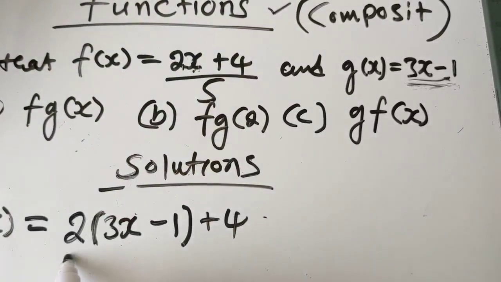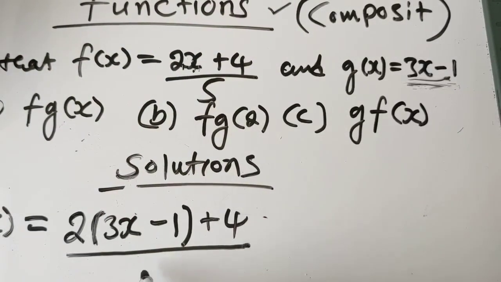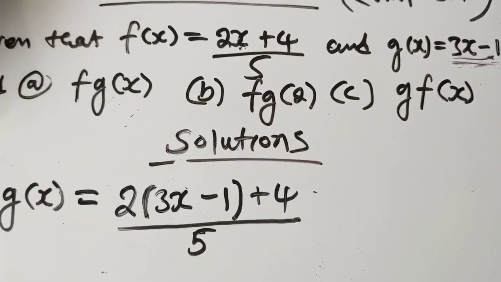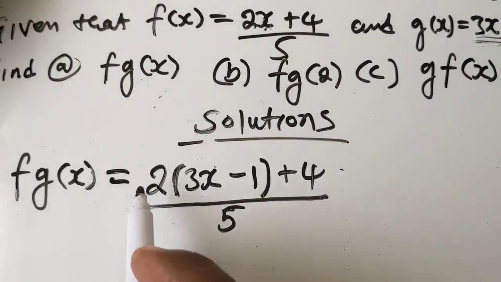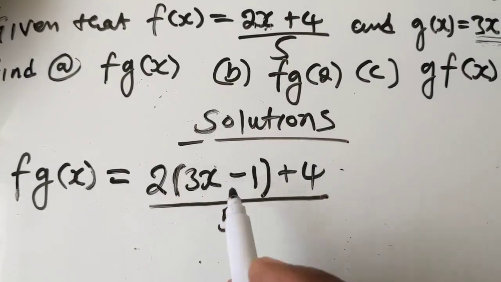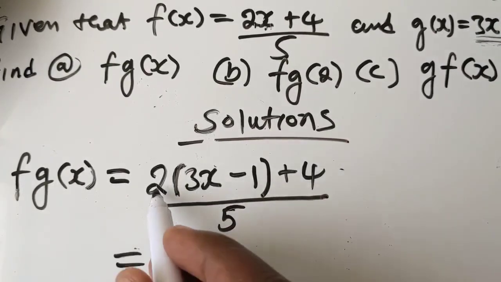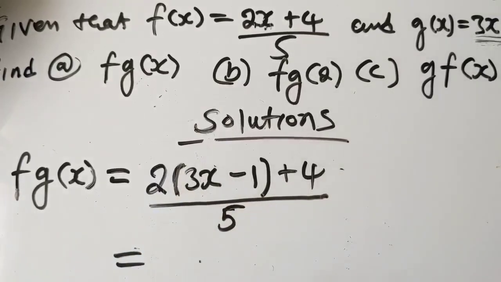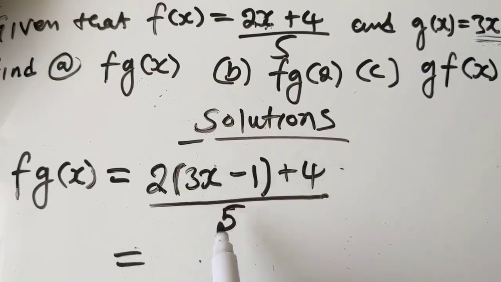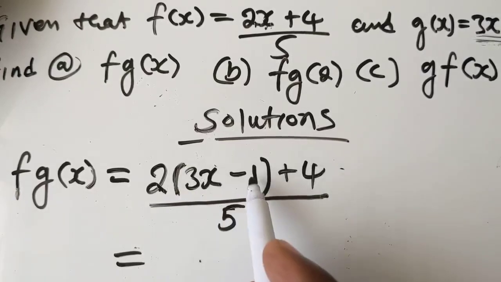Then this whole thing is divided by 5. This is what fg of x means. Then from here, you can solve it. When a number is outside the bracket and attached to the bracket, it means that it is supposed to be multiplied with everything inside.